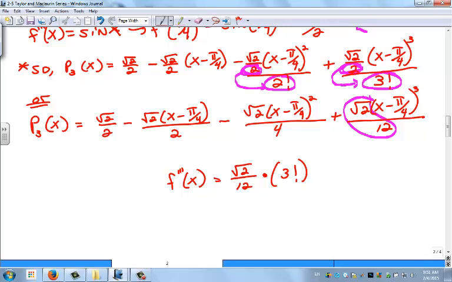You just have to multiply by the factorial that is in that term, and you can figure out what the derivative was from that term. So radical 2 over 12 times 3 factorial gives us radical 2 over 12 times 6, which is equal to radical 2 over 2.